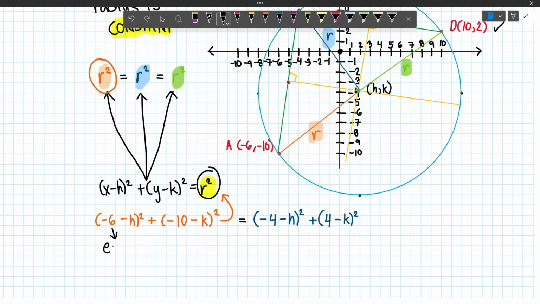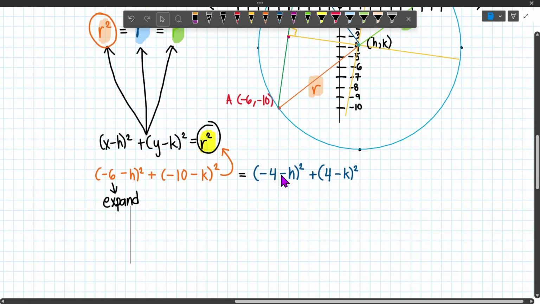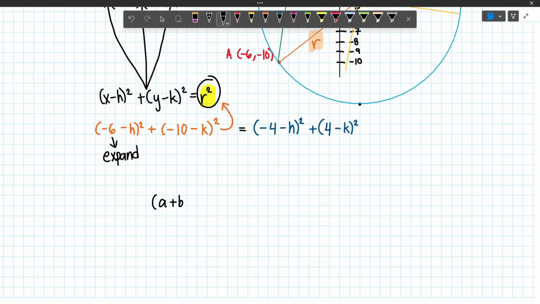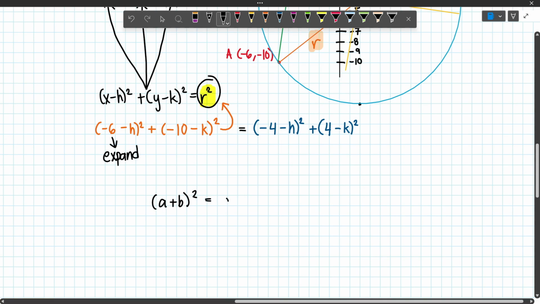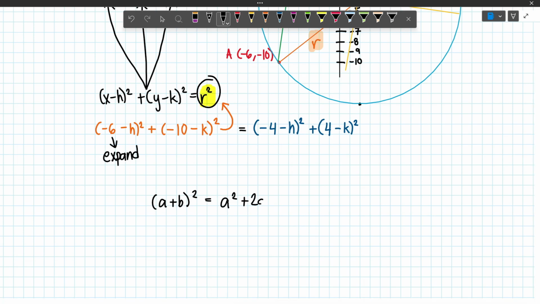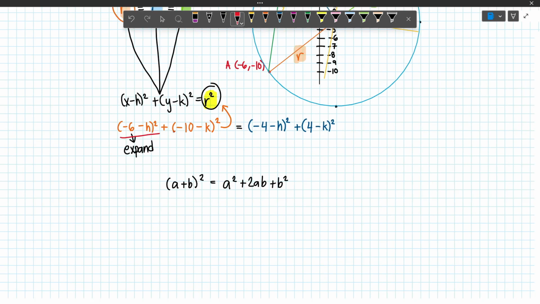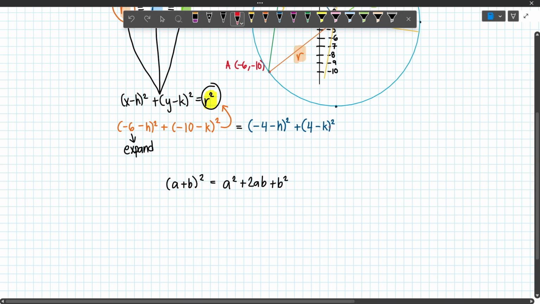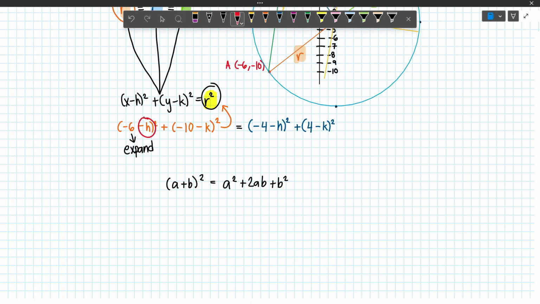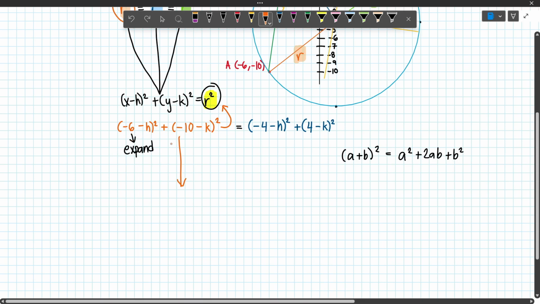Next, let's expand these terms using the special products rule for the square of a binomial. So again, let's recall that a plus b squared is equal to a squared plus 2ab plus b squared. Using this shortcut, we can expand these terms. So our a will be the first term and our b will be the second term. So if we expand these, -6 will be your a, and you will have to square it.